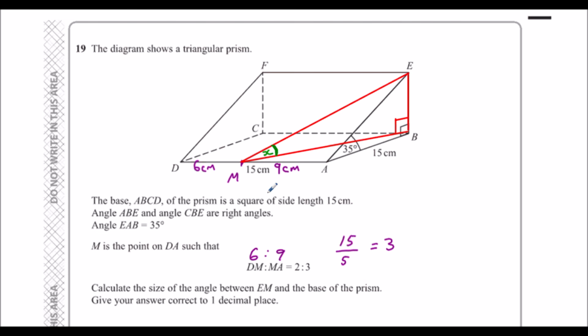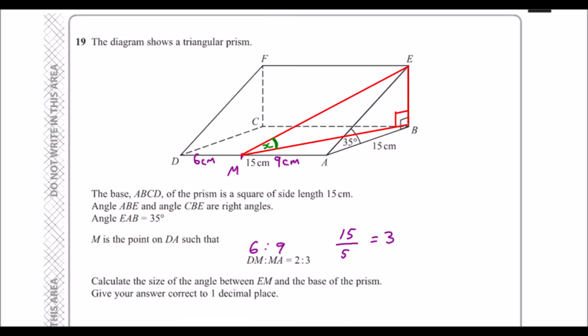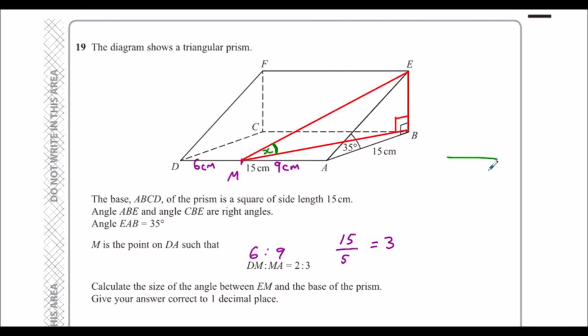So we can work out the length M to B using Pythagoras, because we've got 9 centimeters, 15 centimeters. So we've got A, B, and M. So right angle, we've got 9 there, 15 there, and we want to work out M to B. Let's do that one first.